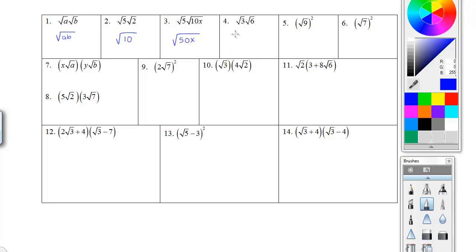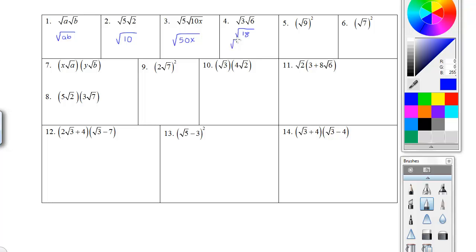And then here, you'll notice that after you multiply the 3 times the 6 to get an 18 underneath, then you need to simplify the square root of 18 because there's a square factor in 18. I didn't have to do that on 10 because the only factors of 10 are 5 and 2, and neither of those are square.